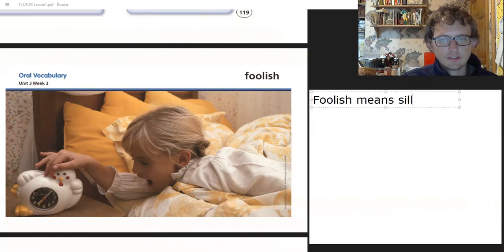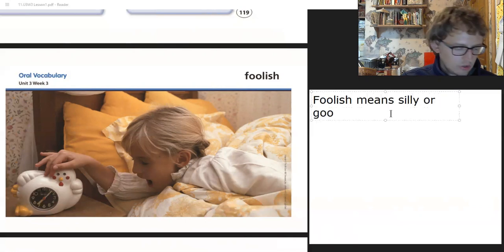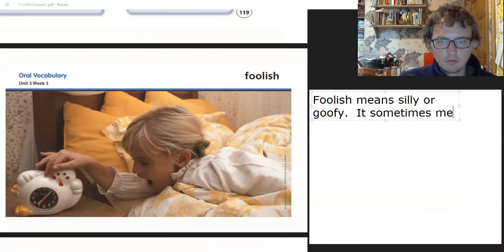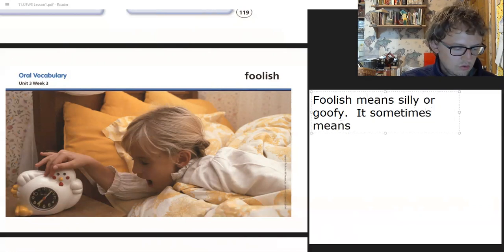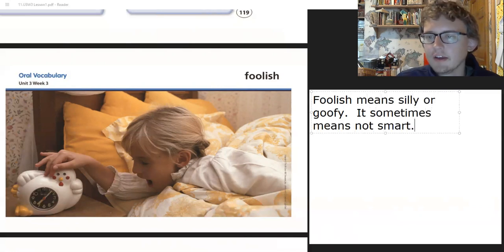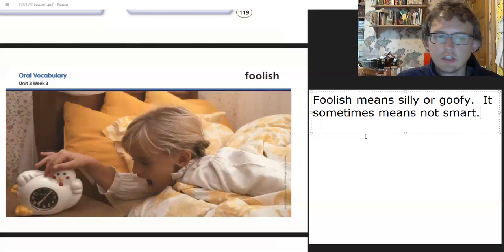Foolish means silly or goofy. It sometimes means not smart.